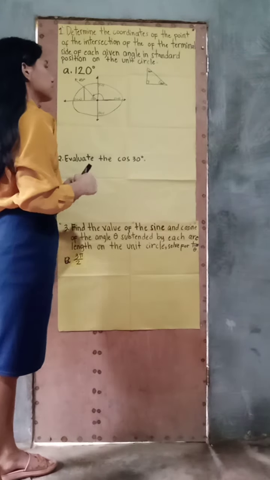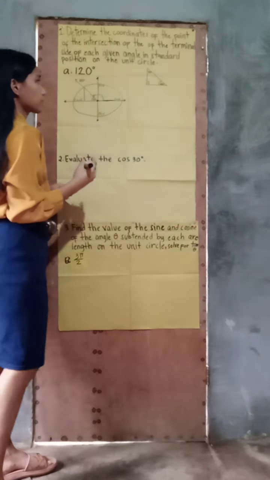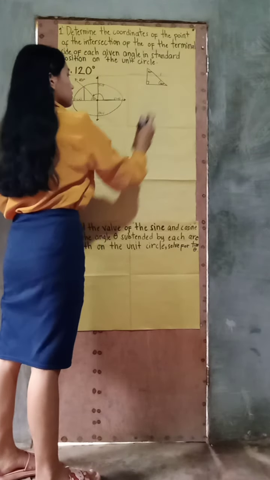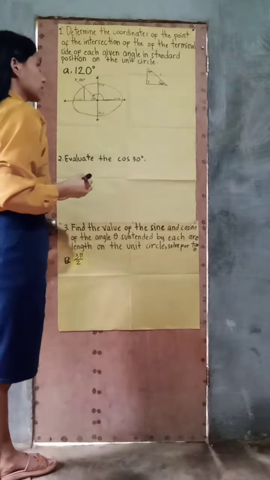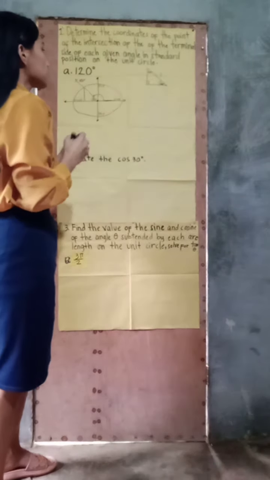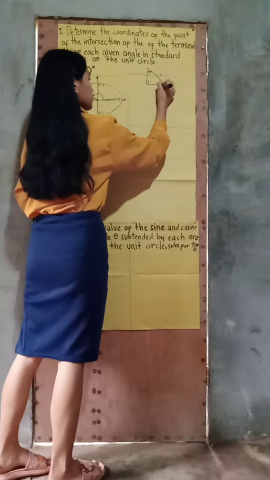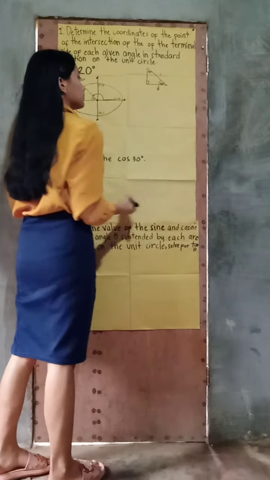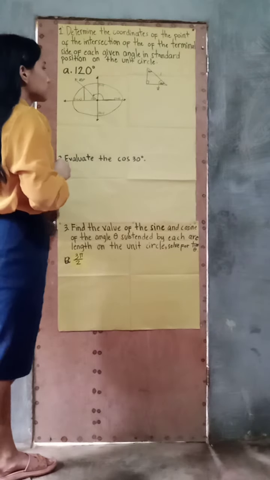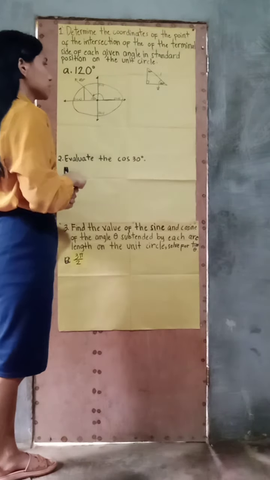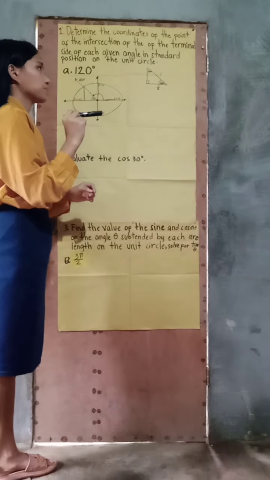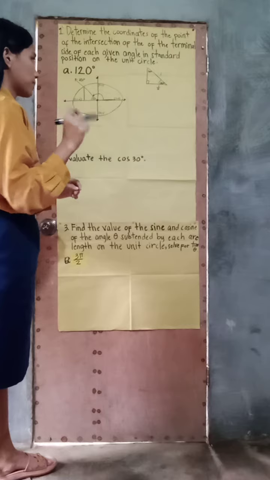It is also given that the hypotenuse is 1. So therefore, the side opposite the 30 degrees is 1/2, because the length of the side opposite 30 degrees is 1/2 of the length of the hypotenuse.